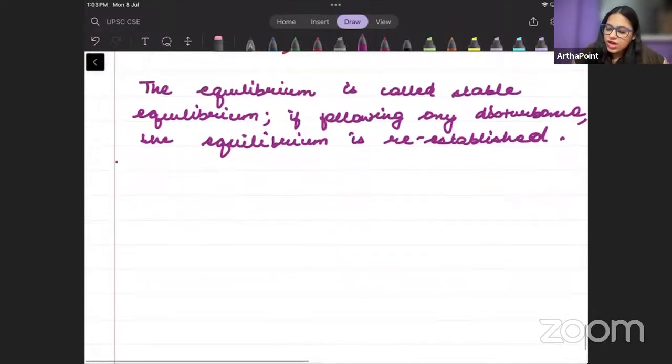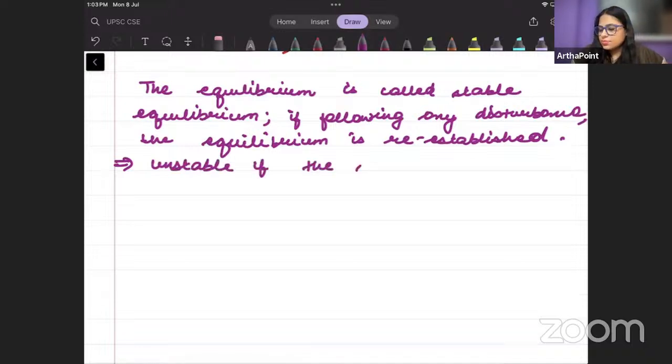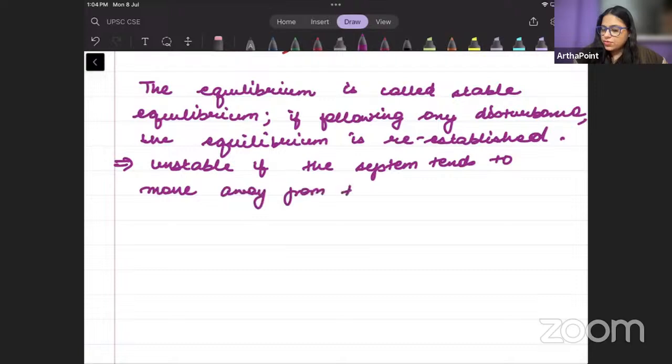And when will it be called unstable? So it will be called unstable if the system tends to move away from the equilibrium situation.